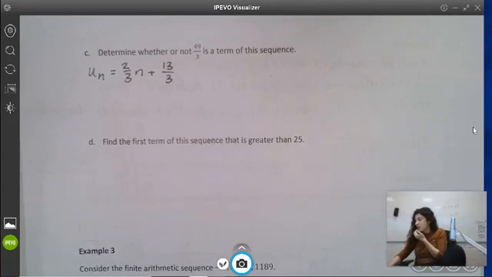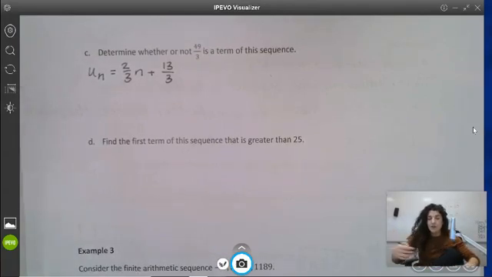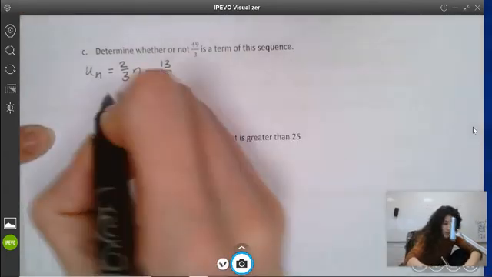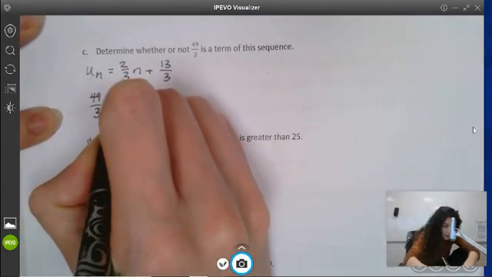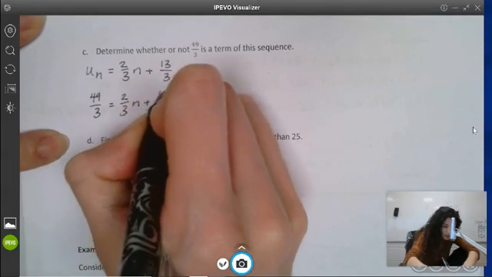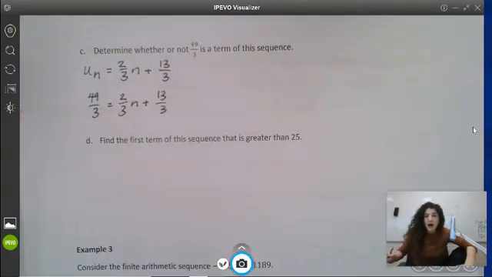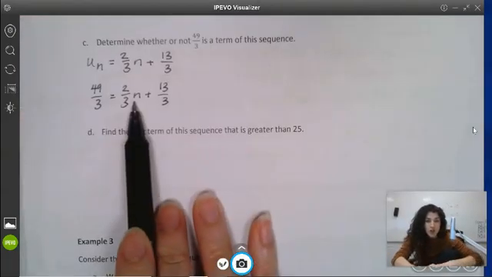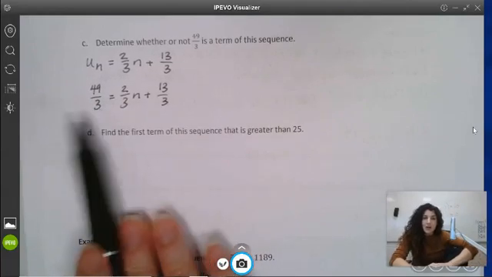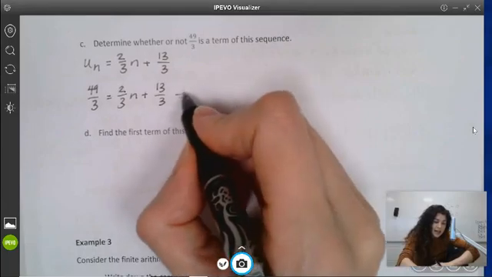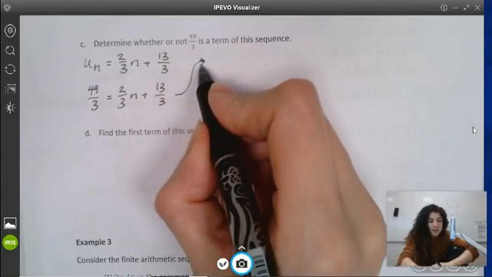And so if I put 49/3 in place of U sub n, like an output, 49/3 equals 2/3 n plus 13/3. I'm trying to say, which term number would give me 49/3? Go ahead and solve for n and tell me, and then we'll talk about it.